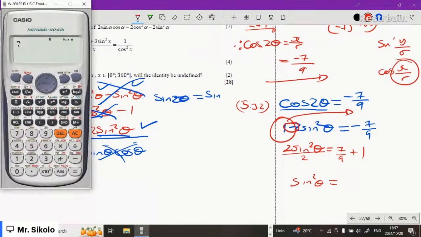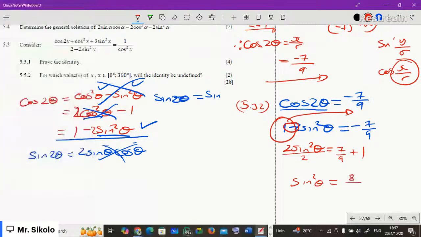So on the right hand side we have 7/9 plus 1, which gave us the answer 16/9. Then we divide that again by 2, it gave us 8/9. So we have 8 over 9. We introduce the square root on both sides.